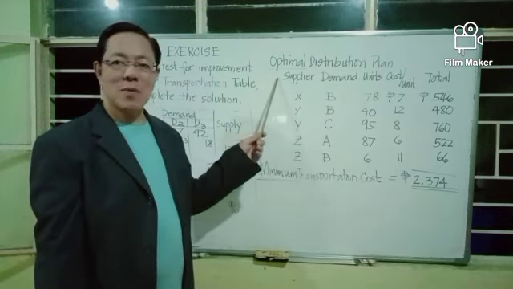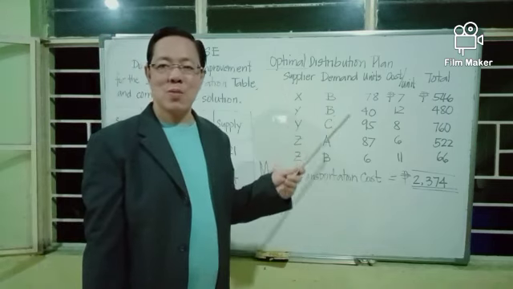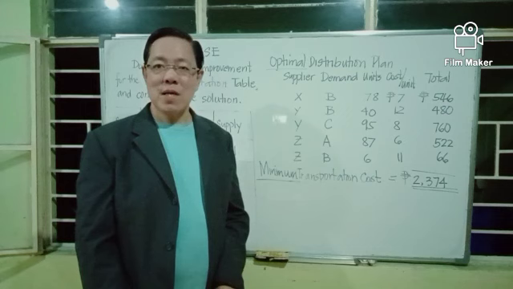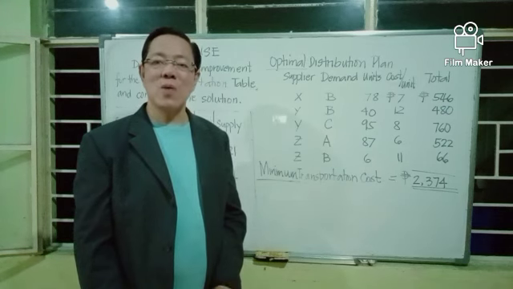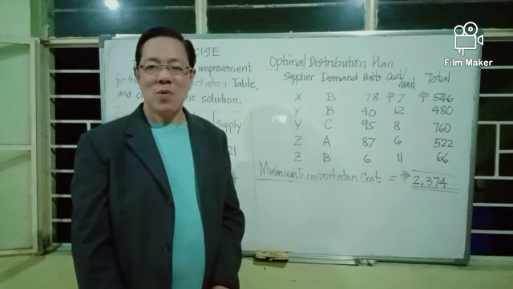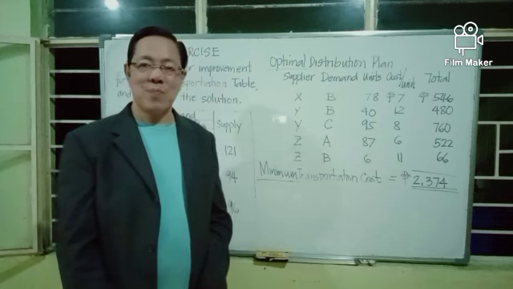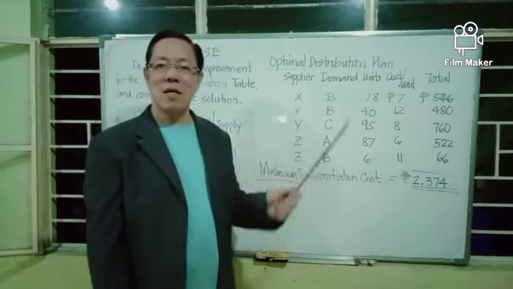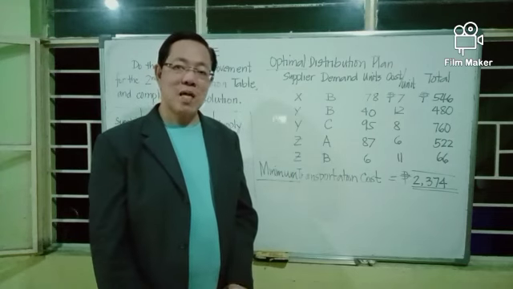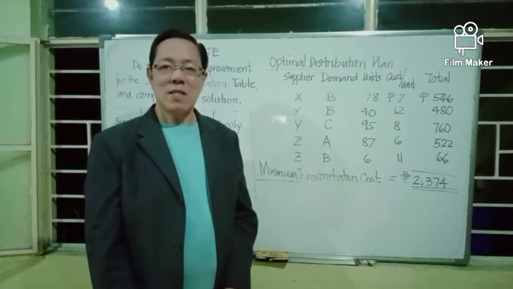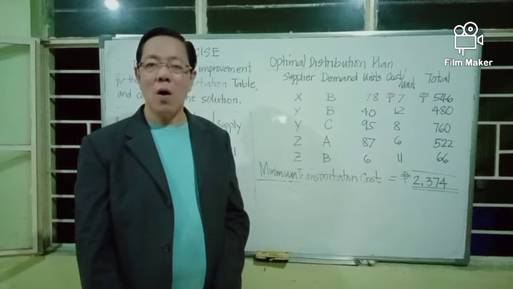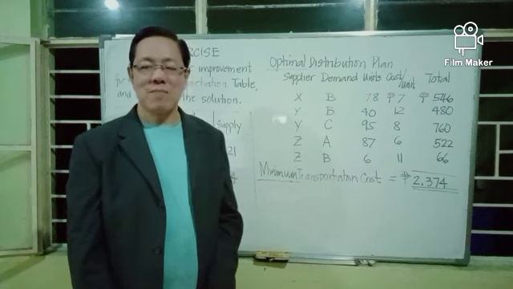The optimal distribution plan is the last distribution plan before the last test for improvement in which all the net cell costs are positive. Again, the optimal distribution plan is the distribution plan before the last test for improvement in which we obtained all positive net cell costs.